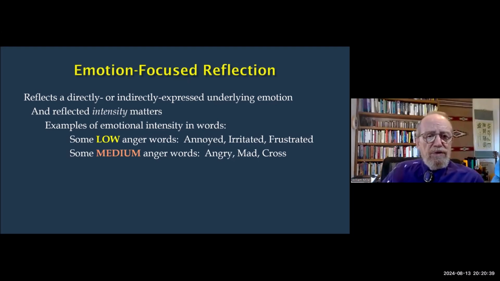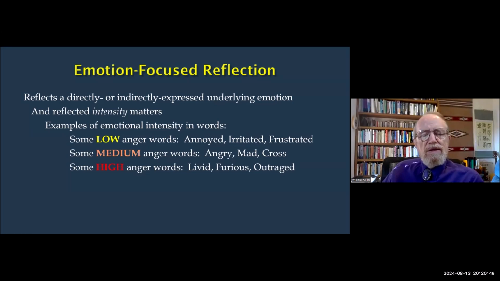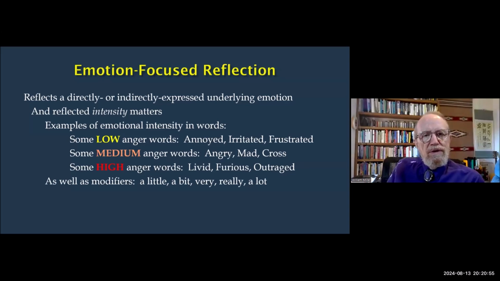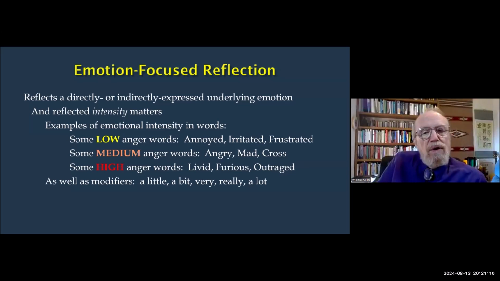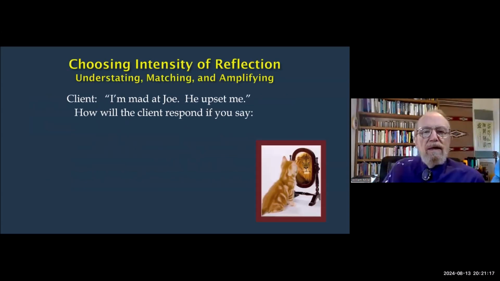And these vary a lot with culture, of course. And some high anger words: livid, furious, outraged. So you're not only commenting on an emotion, but you're picking a word that has to do with the intensity of that emotion. And then you can add words that also modify it, like you're a little bit angry, you're very angry, you're really angry, irritated a lot, you're very frustrated. So the way you word things is giving back to the person your sense of intensity of the emotion.